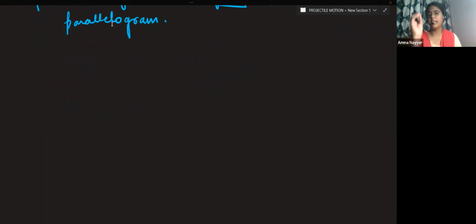Now see, in the derivation and also in the solving of the parallelogram law, you have basically 3 steps. So I'll firstly write down all these 3 steps.